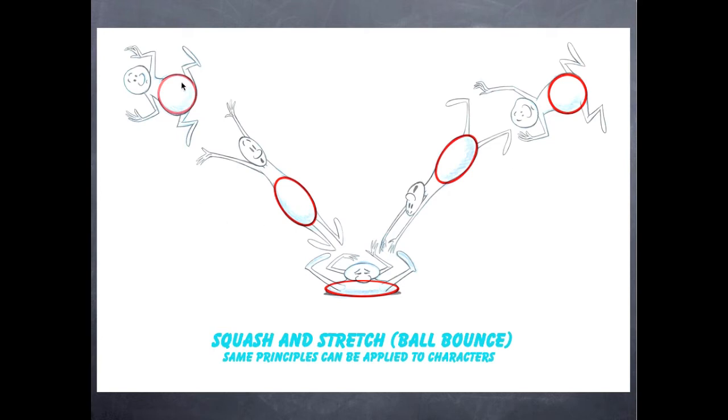And here's the same ball as applied to the belly of this character. Here we can see the stretch, the impact with the squash, and then the acceleration or spring out of this impact with another stretch. So here's the bouncing ball applied to a character, so that makes a little more sense.